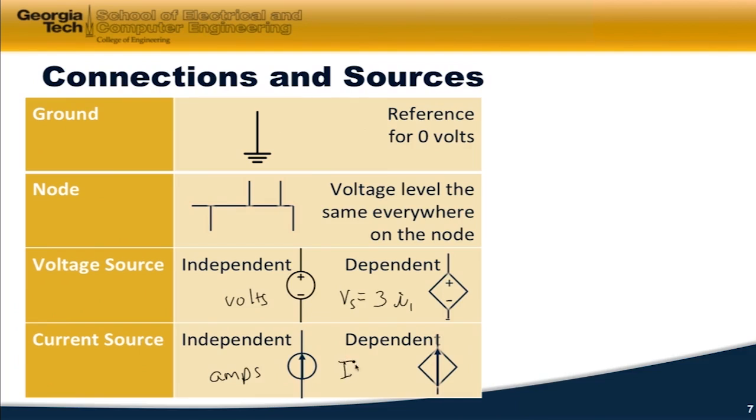Or I might have a dependent current source which might be dependent on a current in one of my branches, might be dependent on a voltage at one of my nodes. So these two are dependent on something else that's happening in the circuit. This right here is independent of what's going on in the circuit. Now all voltage sources have the units of volts, and all current sources have the unit of amps.